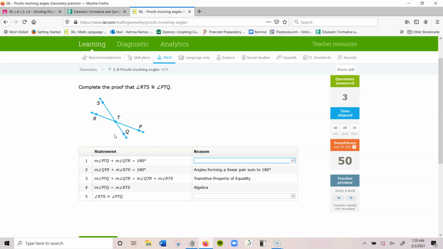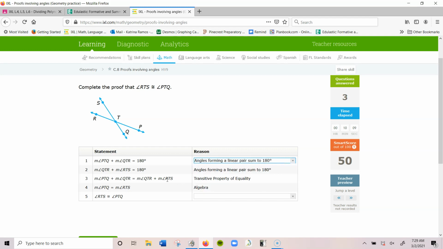Those angles add up to 180 because the angles make a linear pair, because if you add this angle with this angle, they form a line. That's a linear pair, which is also the statement right underneath it. It makes sense because QTR plus RTS also form a linear pair, so it would be the same reasoning as the one below.